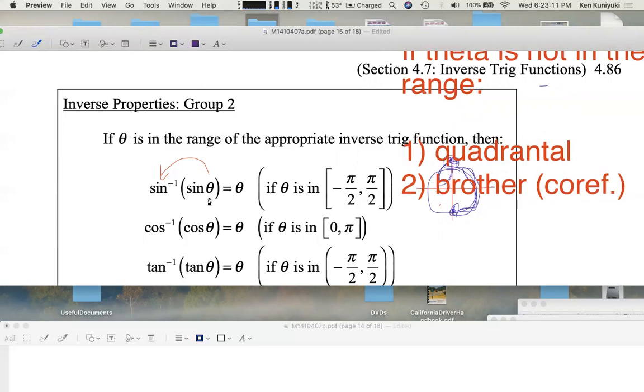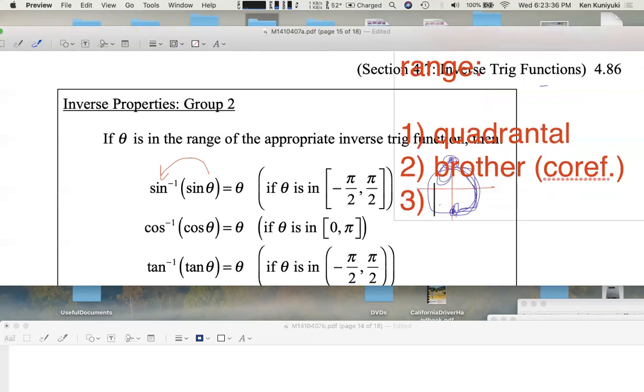So for example, if you input 5 pi over 6 in here, it turns out that the final answer ends up being pi over 6, which is a brother or co-reference angle that is in the range for inverse sine. Remember, the final answer for these will either be quadrantal, a brother or a co-reference angle, or undefined or not real.